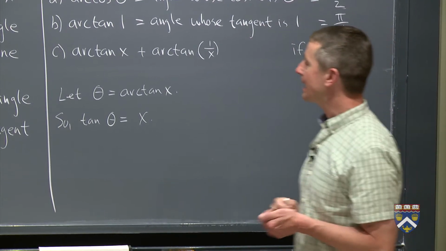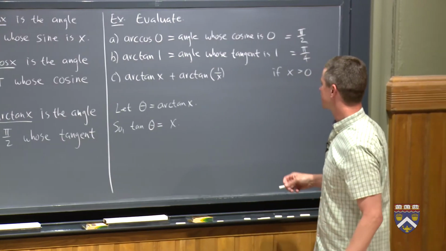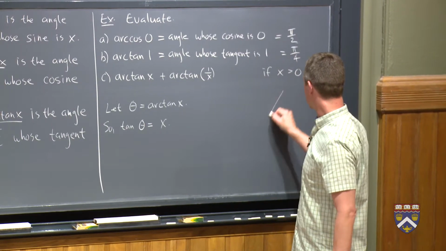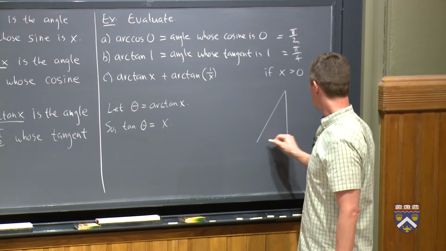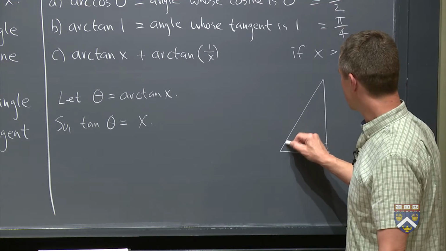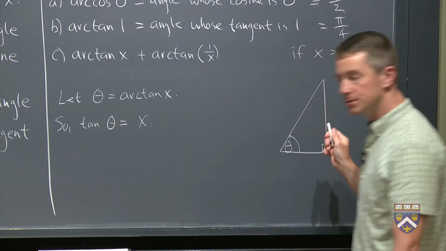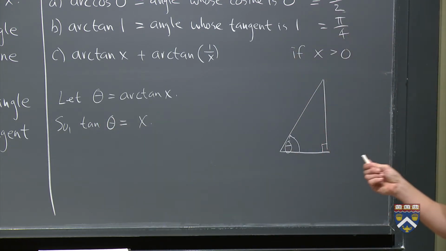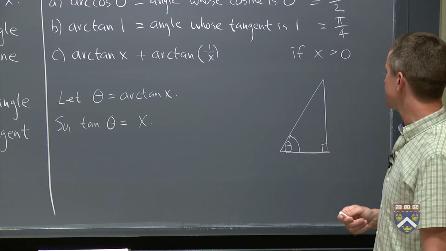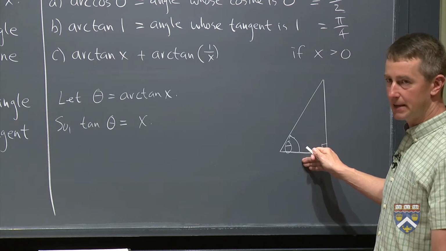So I want to make an angle whose tangent equals x. Let's see if I can draw such an angle. I'm going to draw a right triangle. Here's my theta. We want the tangent of this angle to be x. Tangent on a triangle is opposite over adjacent. So somehow I want opposite over adjacent to work out to be x.